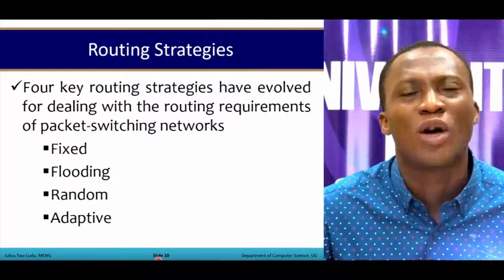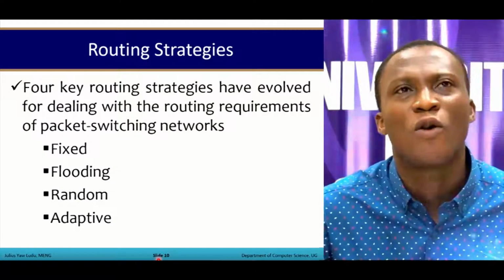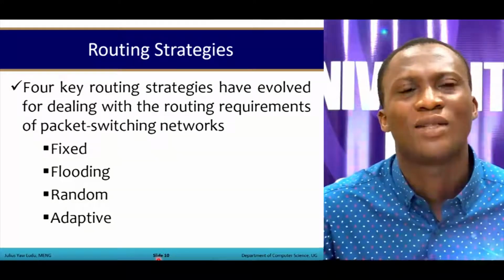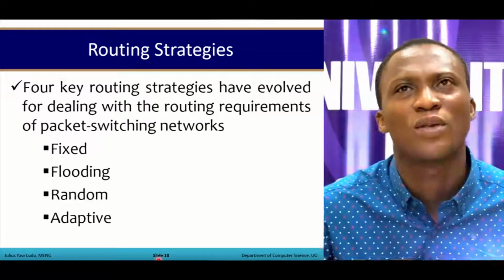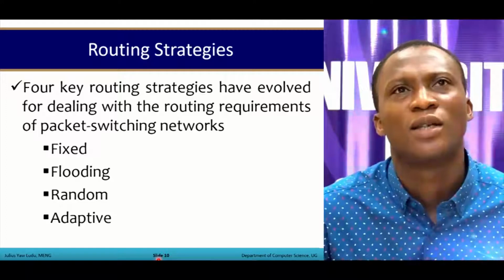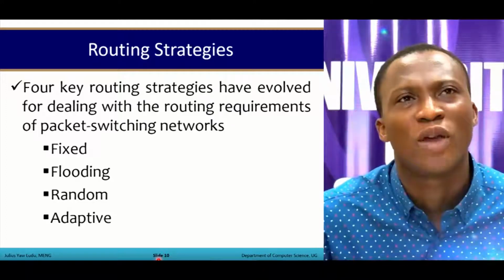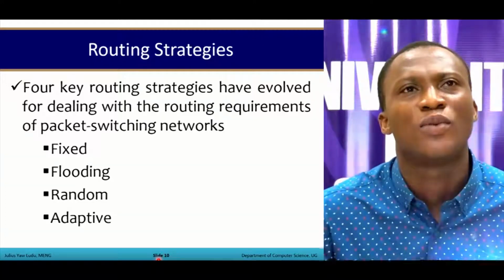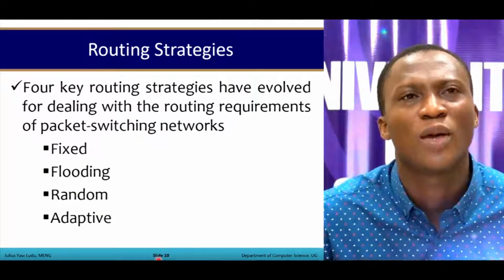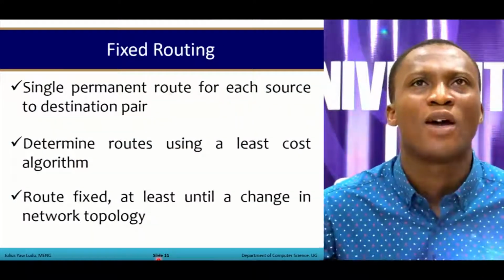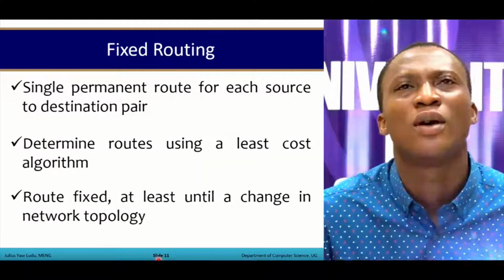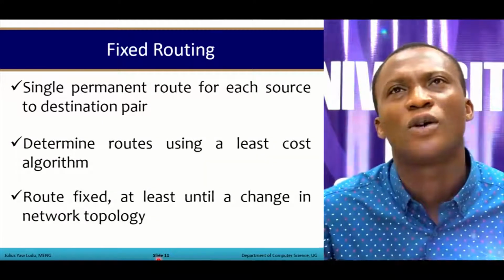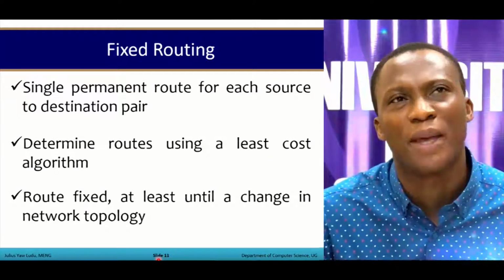Now let's look at routing strategies. There are 4 key routing strategies that have evolved for dealing with the routing requirements of packet switching networks. We have the fixed strategy, we have the flooding, we have the random, and we have the adaptive. Now for fixed routing, we have a single permanent route for each source to destination pair.